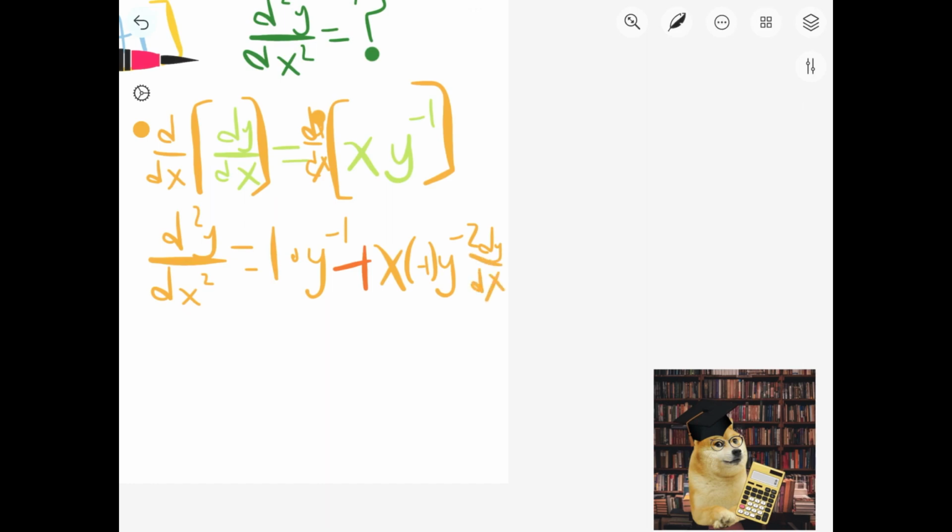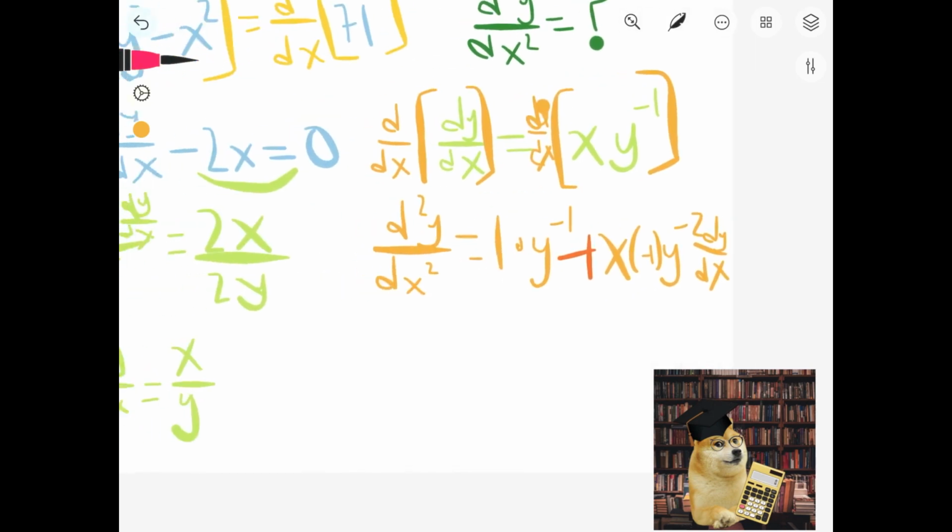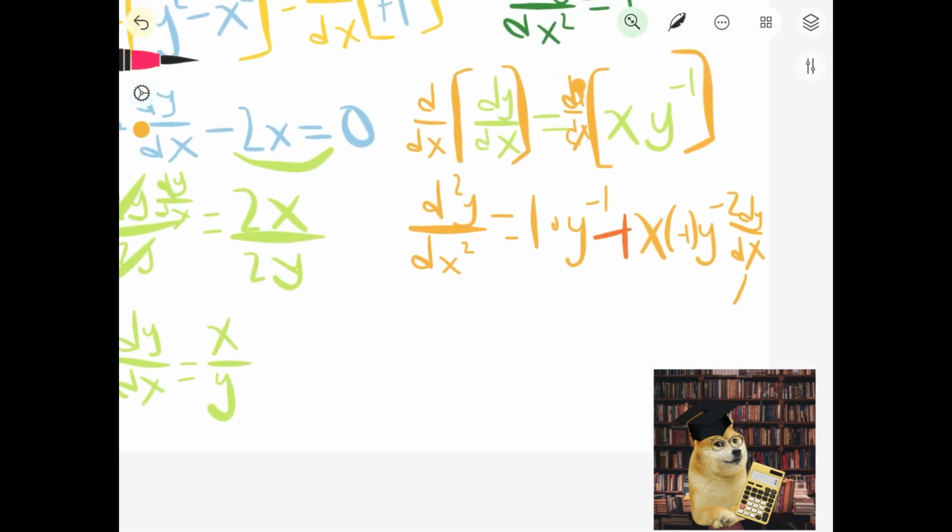But now that we have this dy/dx, what does this mean? dy/dx, as we have already discovered, equals x over y.